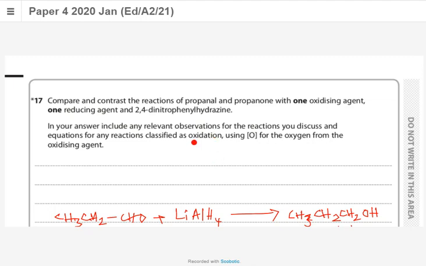That's all about the oxidation and the reduction part. At last, we need to talk about the reaction with 2,4-dinitrophenylhydrazine.